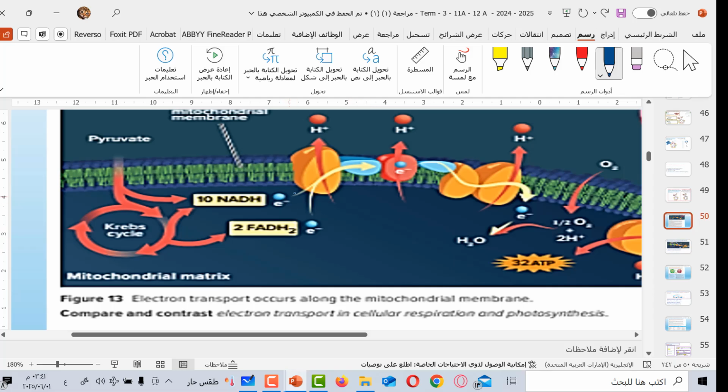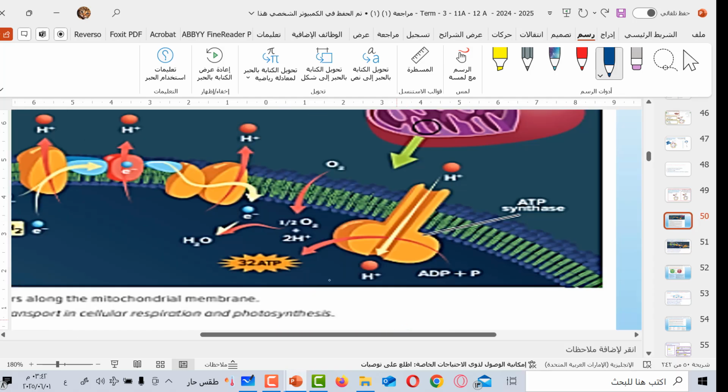The source of electrons here is NADH and FADH2, because they received the electrons before. The last one which receives the electron is oxygen, to make H2O with the hydrogen of the proton.